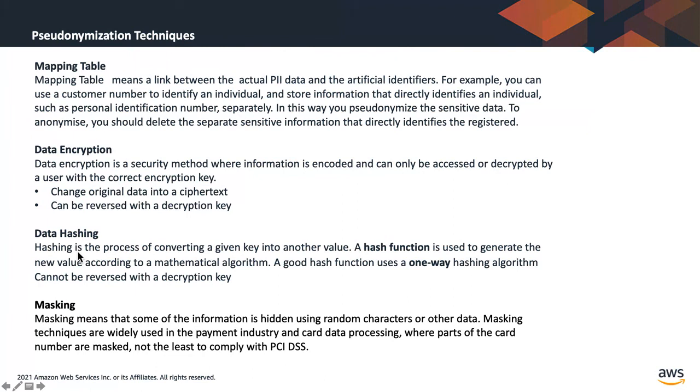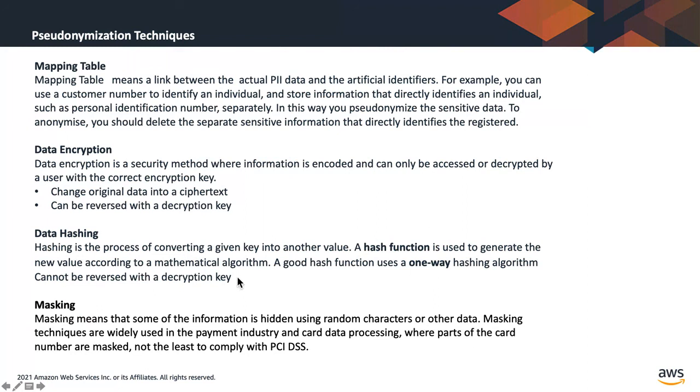And then we have hashing. Hashing is used only when, suppose, you want to identify whether the document is valid or not, whether the password is correct or not. Then what we will do is store the hash value of those passwords or documents in the database, and during authentication we'll check whether the new hash value matches that hash value or not, right? So this is what we do in the case of hashing.